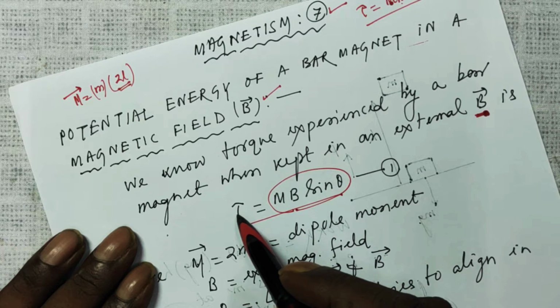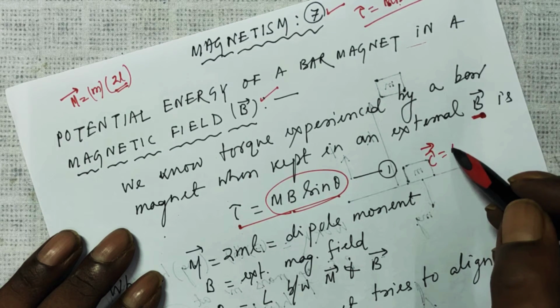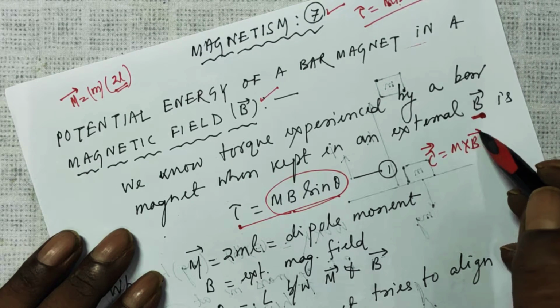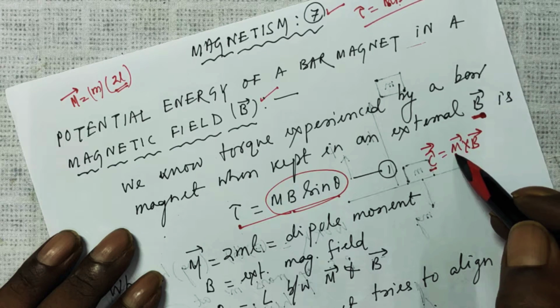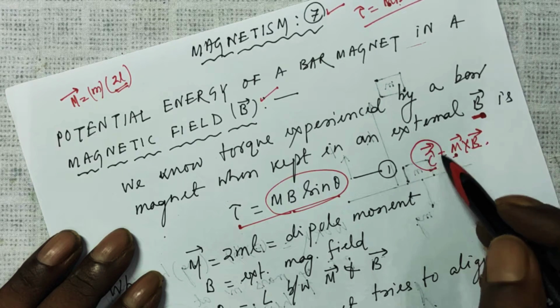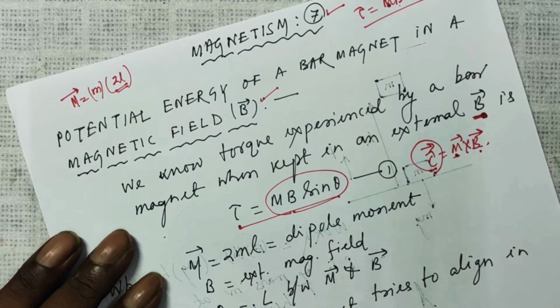It's a vector quantity. If you want to write it, you can write like this also: tau is equal to m cross B. And the direction of the torque is the direction of the vector m cross B, meaning tau will be perpendicular to the plane containing m and B, right?